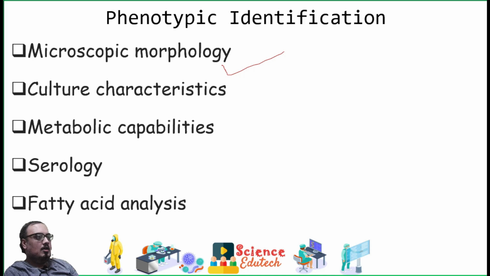Cultural characteristics cover which type of colony a bacterium develops, the size of the colony, and the color of the colony. Metabolic capabilities include, say, fermentation of a particular compound and enzymes produced by it, as well as serological varieties and fatty acid analysis.